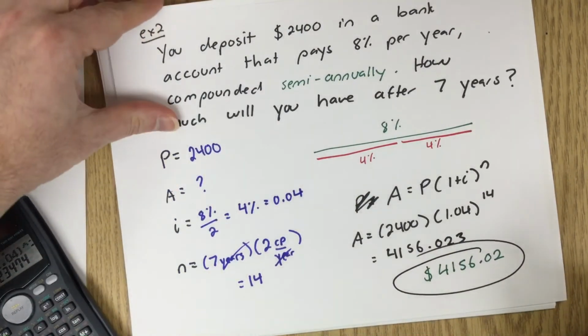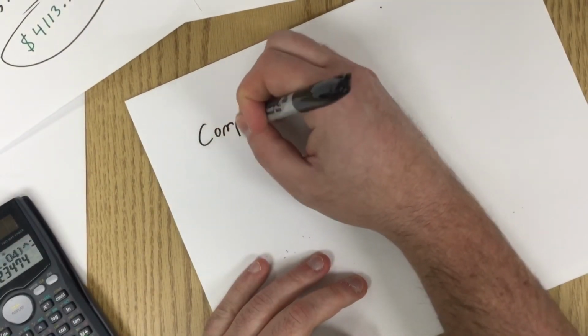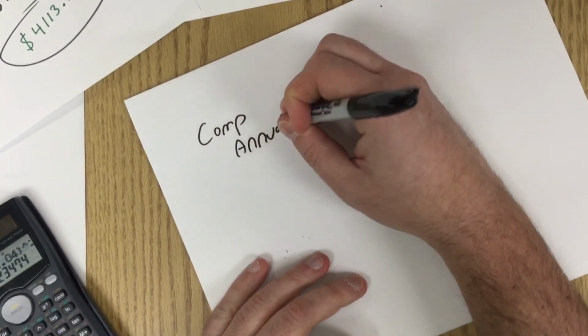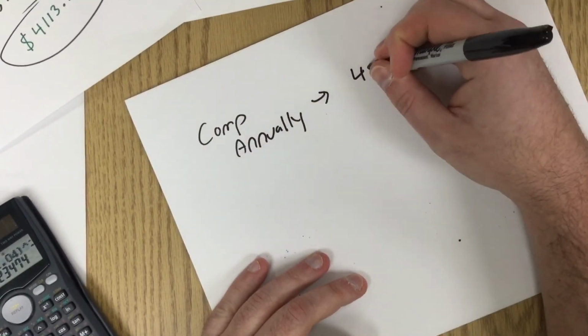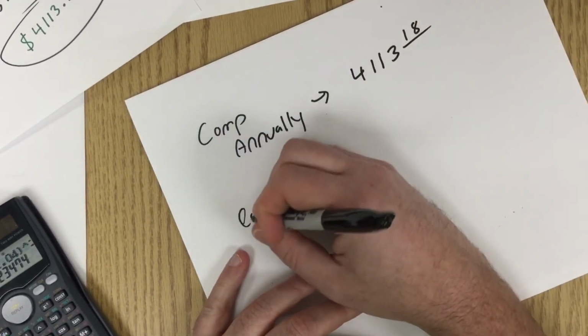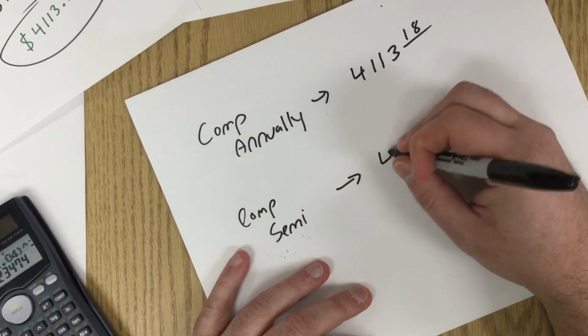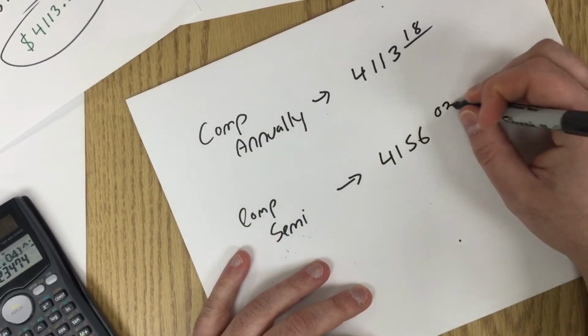So how did that compare to when we compounded annually? When we compounded annually, we had a total of $4,113.18. When we compounded semi-annually, it was $4,156.02.